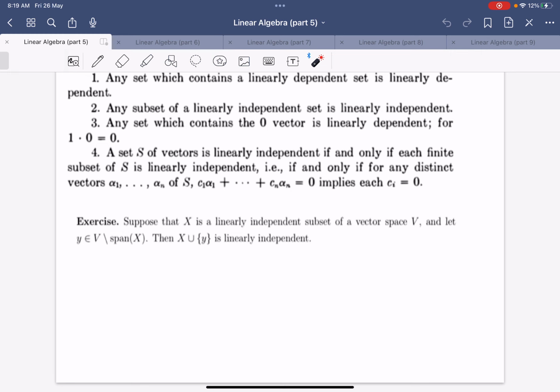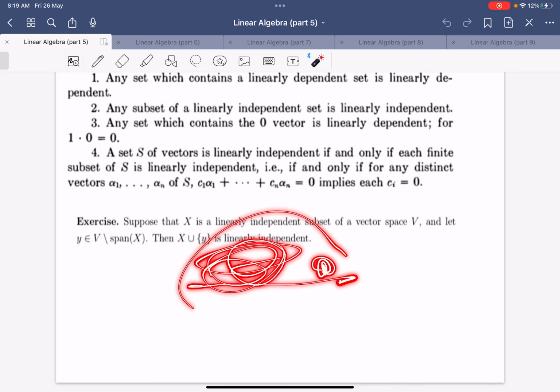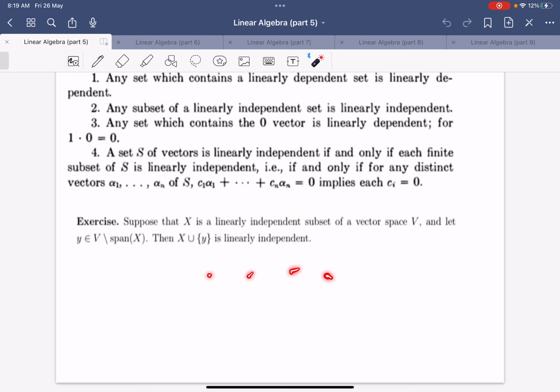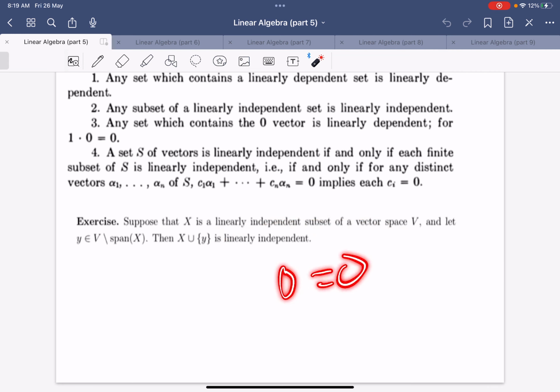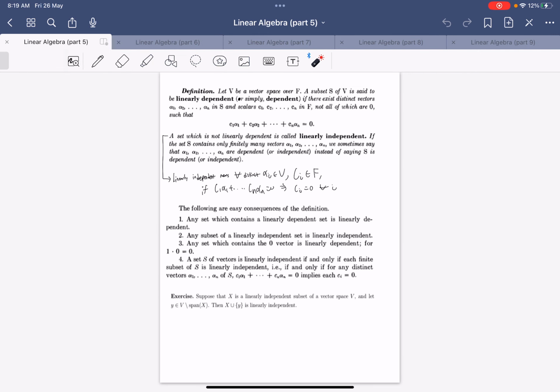It's not hard to see, because Y cannot be written as a linear combination of any elements in X. So when you want to find which scalars make the equation hold true, they must all be 0, because when you set it equal to 0, you bring the Y over, and for this equation to hold true, all the scalars must be 0. That's the gist of the proof. You can write it out more rigorously if you want, but I hope it is quite intuitive why this is true.